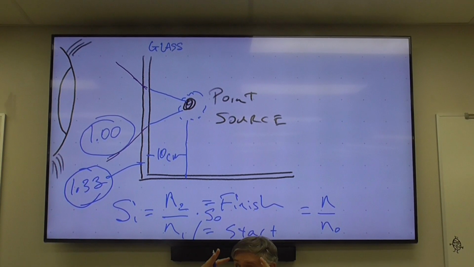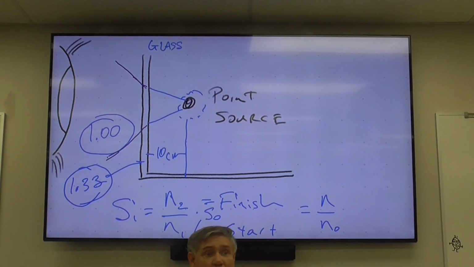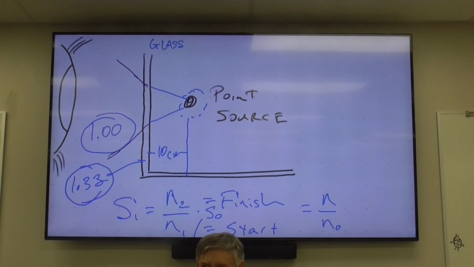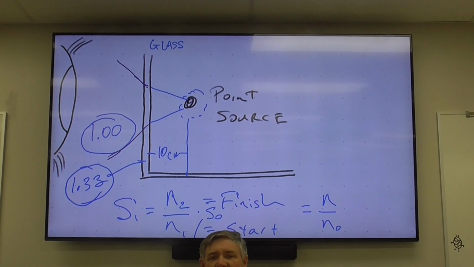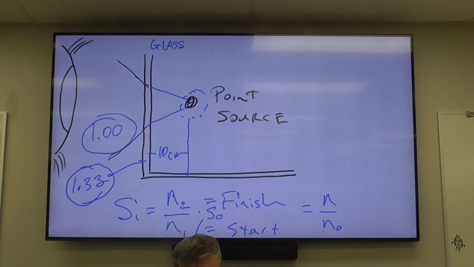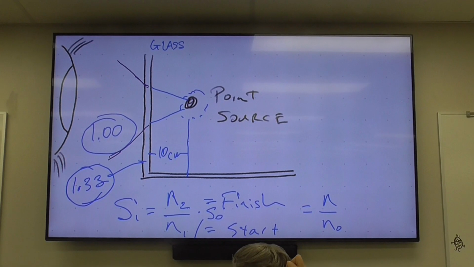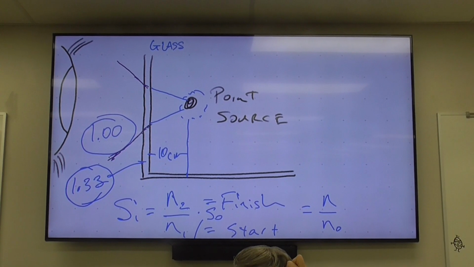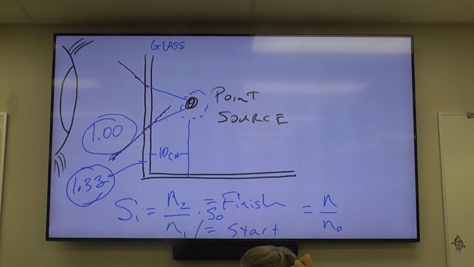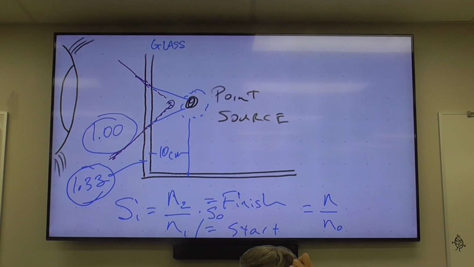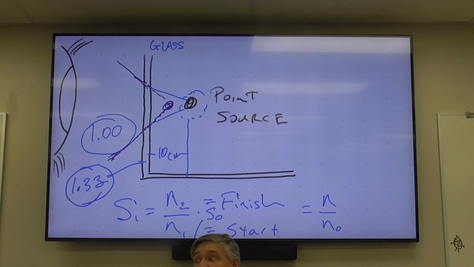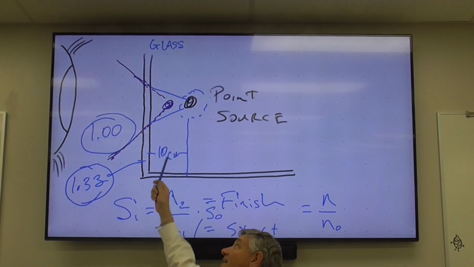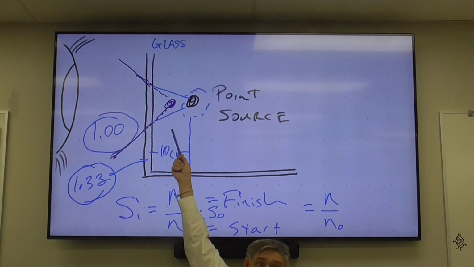Okay, your eye is picking this up. Your eye tries to reconstruct where it thinks this light is emanating from. So when your eye sees this, your eye traces it to a point in front, because your eye can't see what's happening back here.